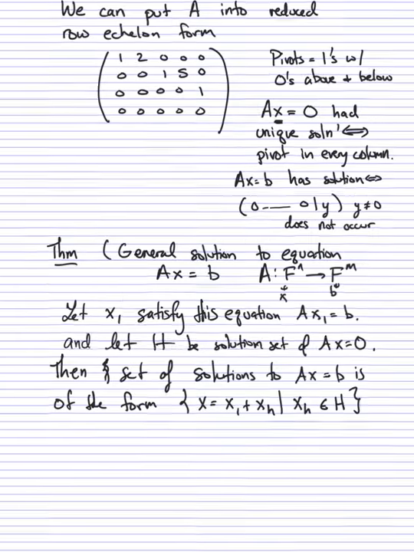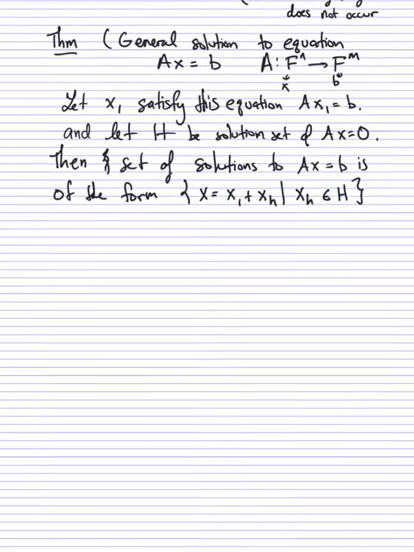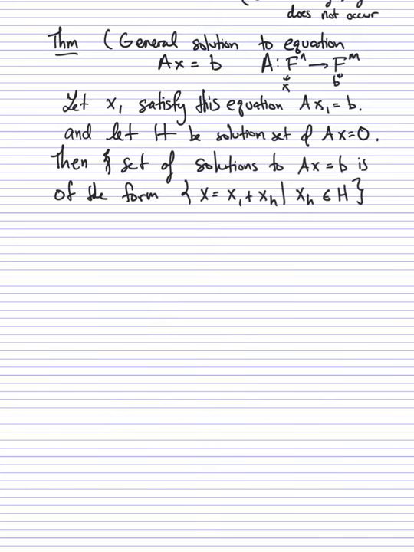So in other words, the way that you find the general solution is, first you find the solution to Ax equals 0, and then tack on something which sends you to b. Maybe I'll add a remark here. An equation of the form Ax equals 0 is a homogeneous equation.